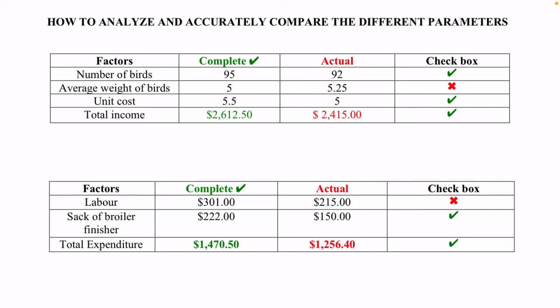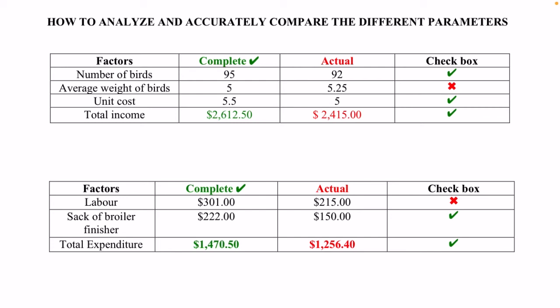So therefore, this will allow us to have our opening statement, which should sound something like this. The complete budget, or the complete income, was greater than the actual income. And then we calculate the difference for us to know by how much.